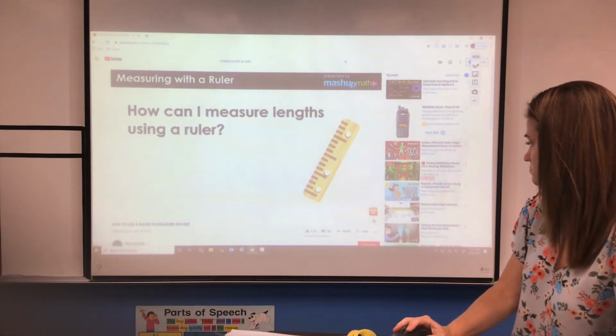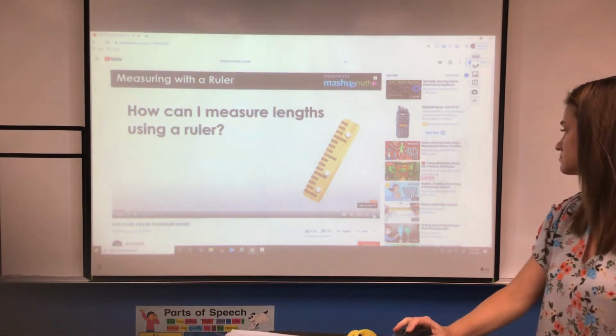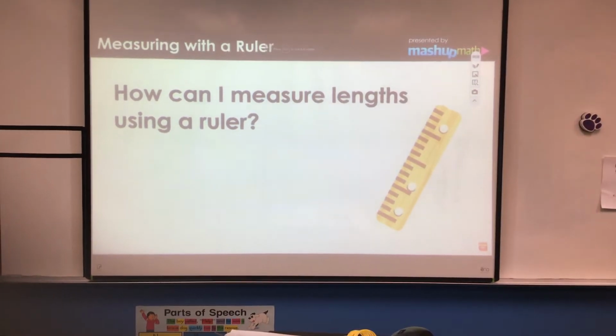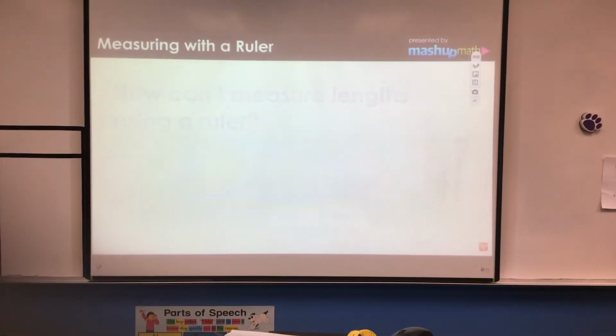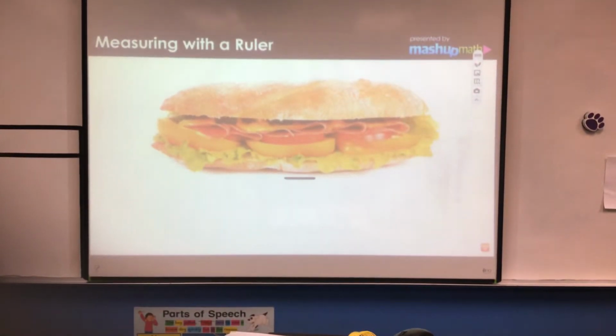Thank you so much for joining me on this lesson where we are going to explore how to find the length of objects using a tool called a ruler. Now let's start by thinking about one of my favorite things in the whole world, food. So let's imagine a sandwich that is 1 foot long. Now you probably already know that 1 foot is exactly the same thing as 12 inches.